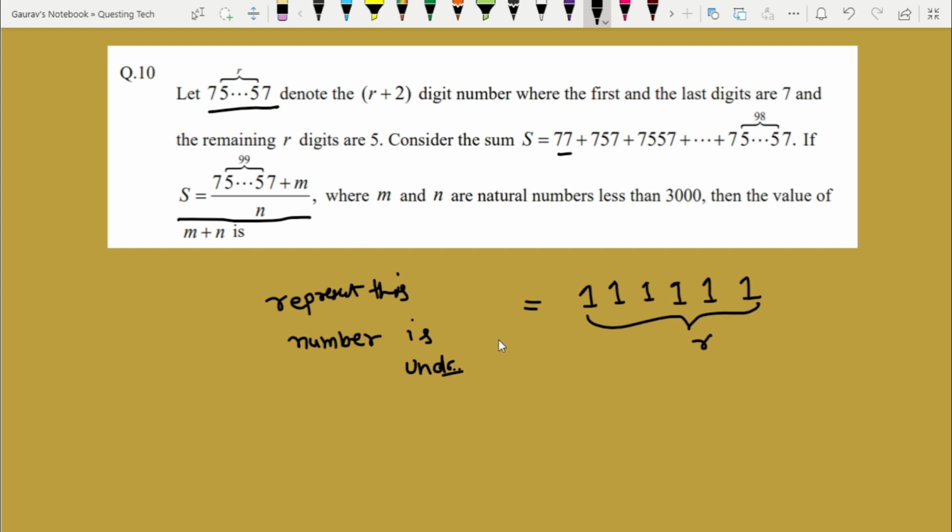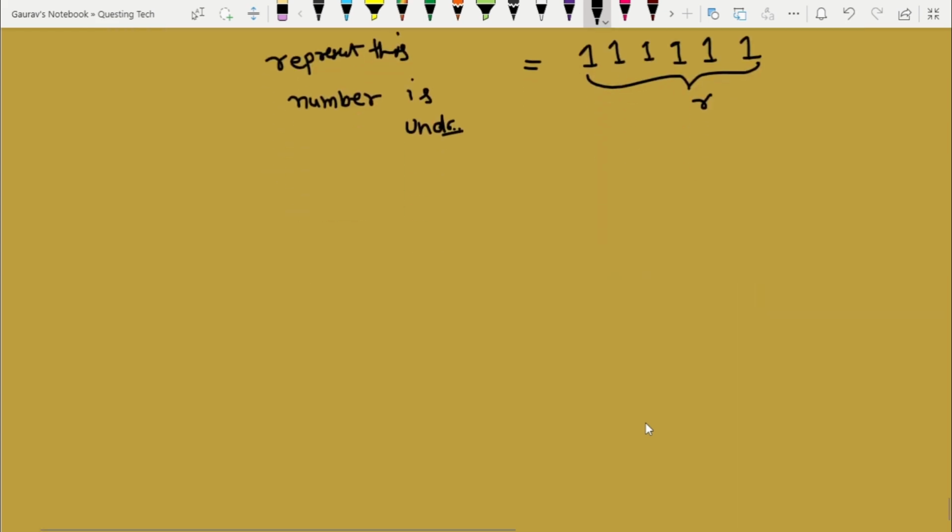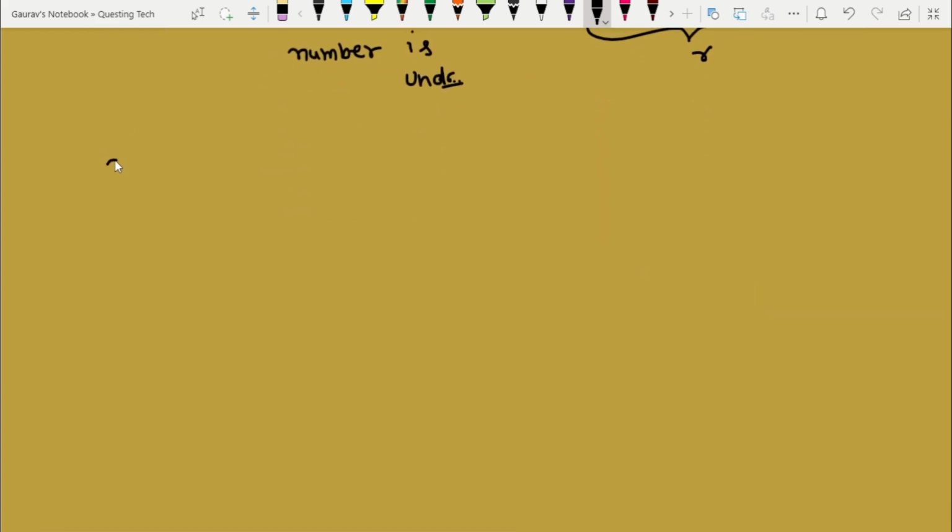For that, these numbers are in base 10. There are multiple bases, like base 2, base 3, base 4. In base 2 only 0 and 1 are there. In base 3, 0, 1 and 2 are there. In base 4, 0, 1, 2, 3 are there.